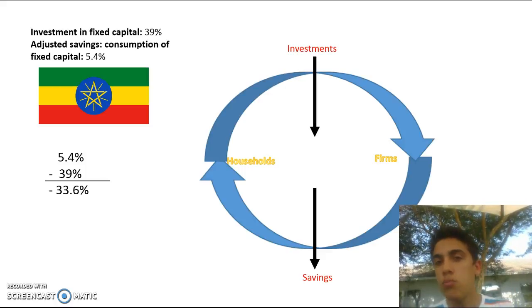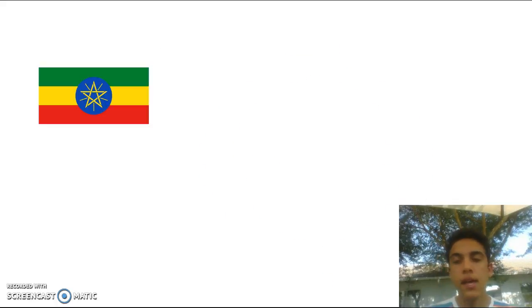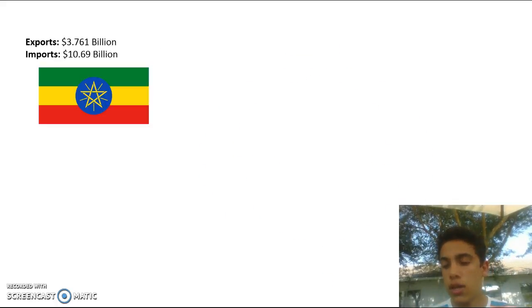Think about you blowing into the balloon from the investments, and there's a hole from the savings. If you blow more than what it's leaking out, the balloon will overall expand, but it will not get big enough to pop because there's always going to be that small leakage, and this is exactly what the circular flow model is doing.